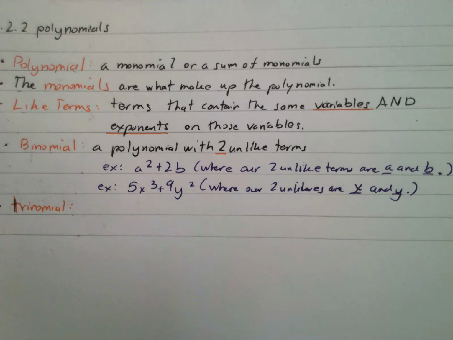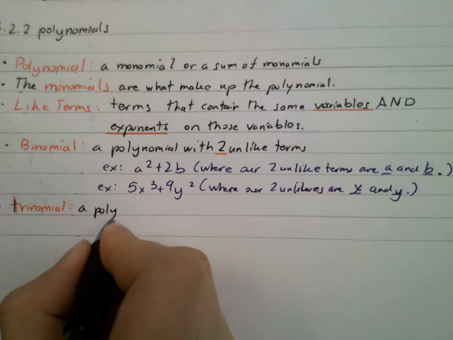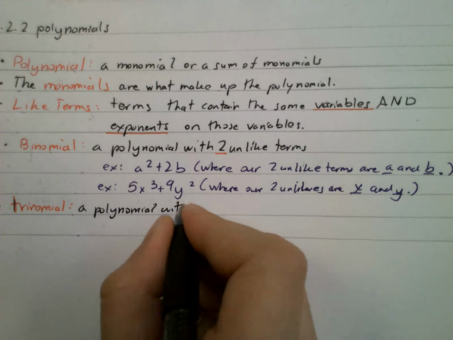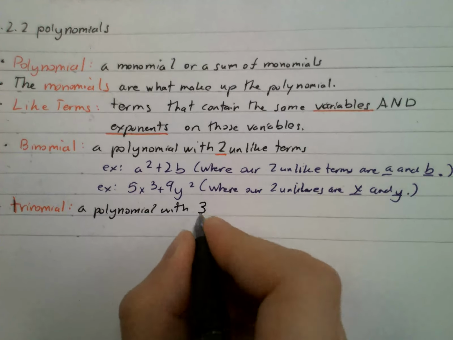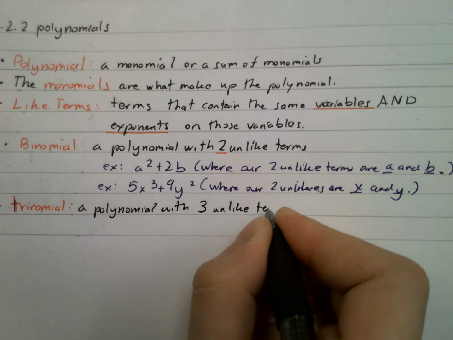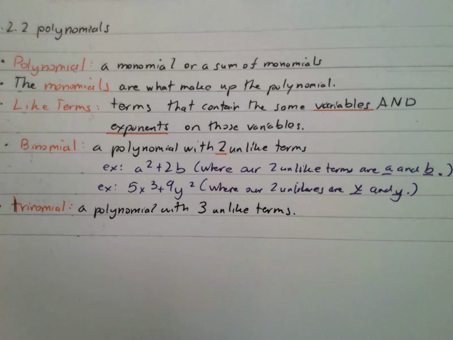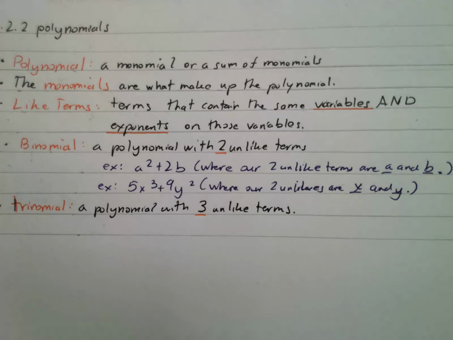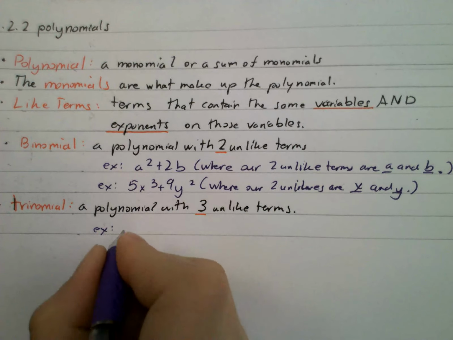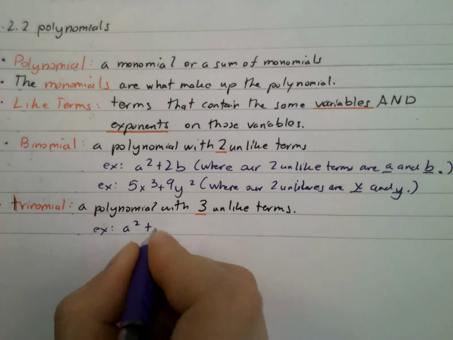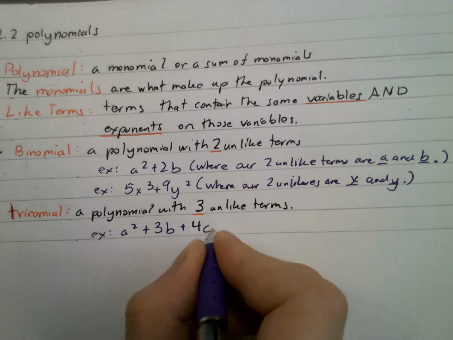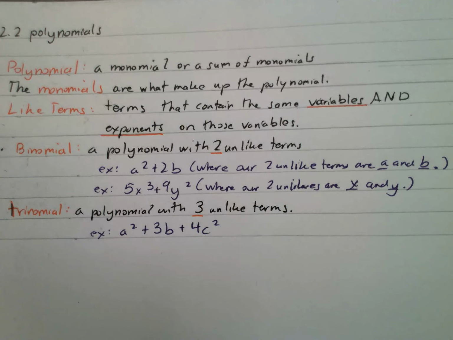Okay, a trinomial is a polynomial with three unlike terms. Right? So, for example, that would be something like a squared plus 3b plus 4c squared. Okay?